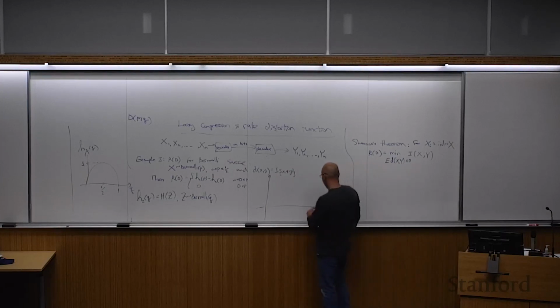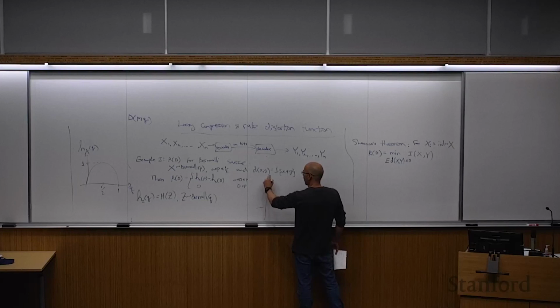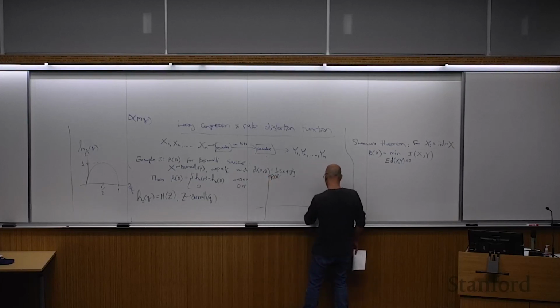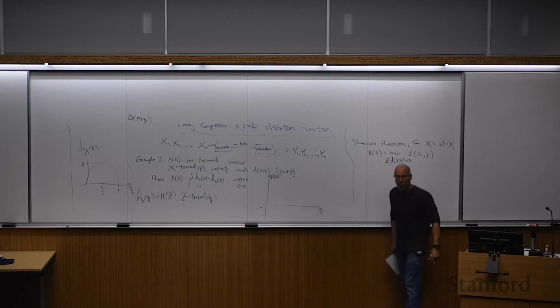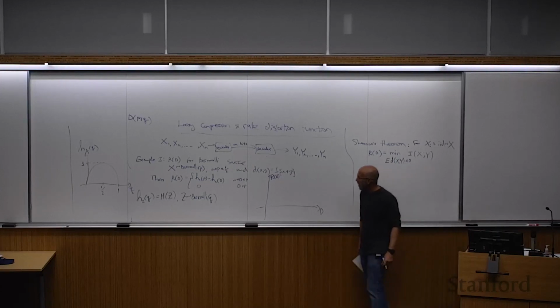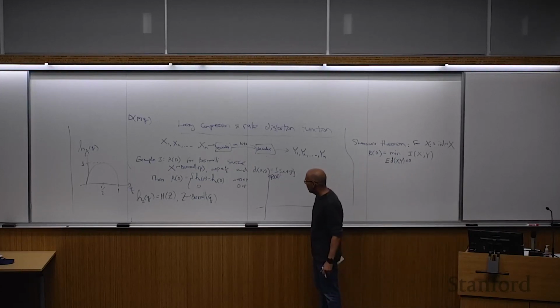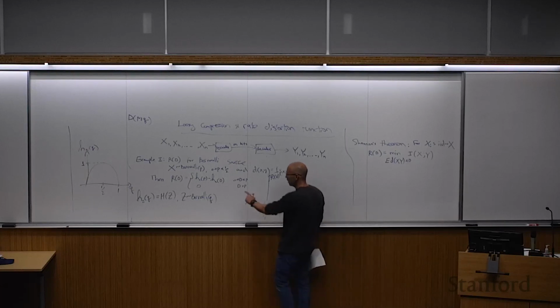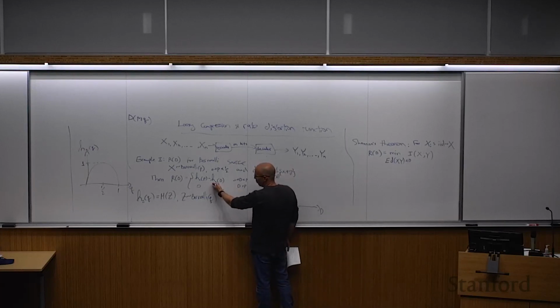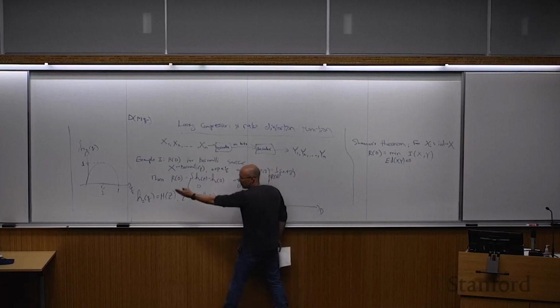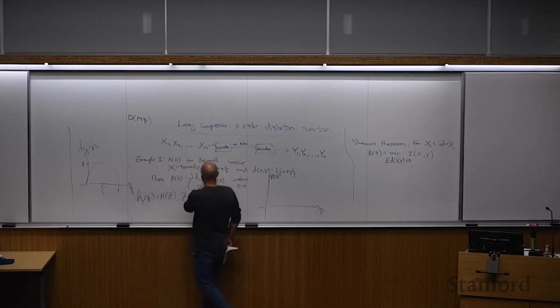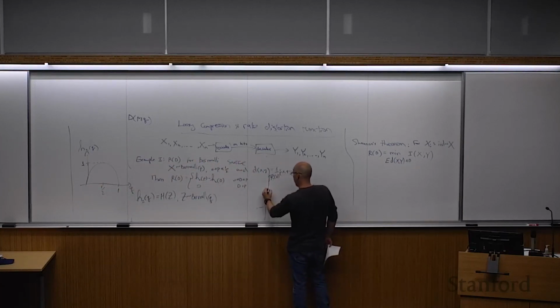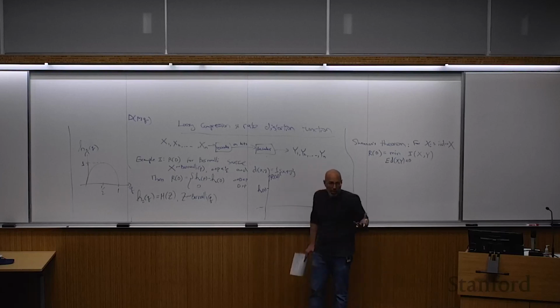Now I'm plotting R of D, as a function of D. At D equals 0, H2 of 0 is 0, so I start right here at the binary entropy of P, which is the entropy of my source.